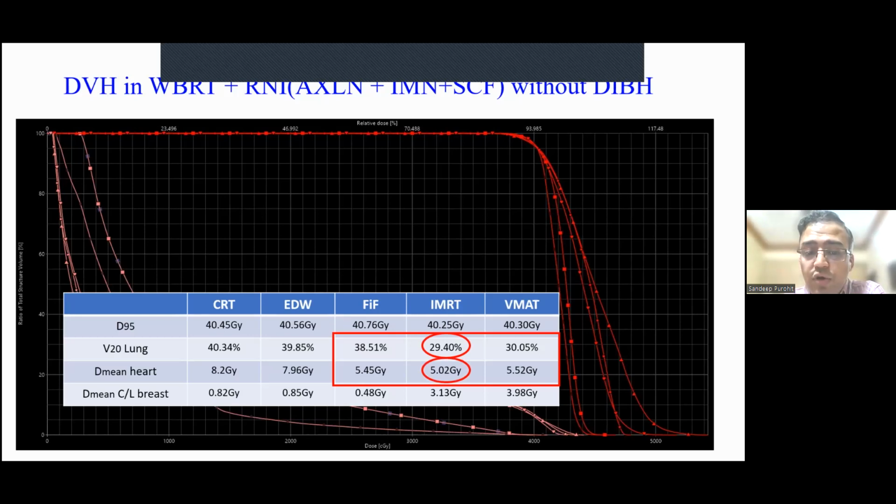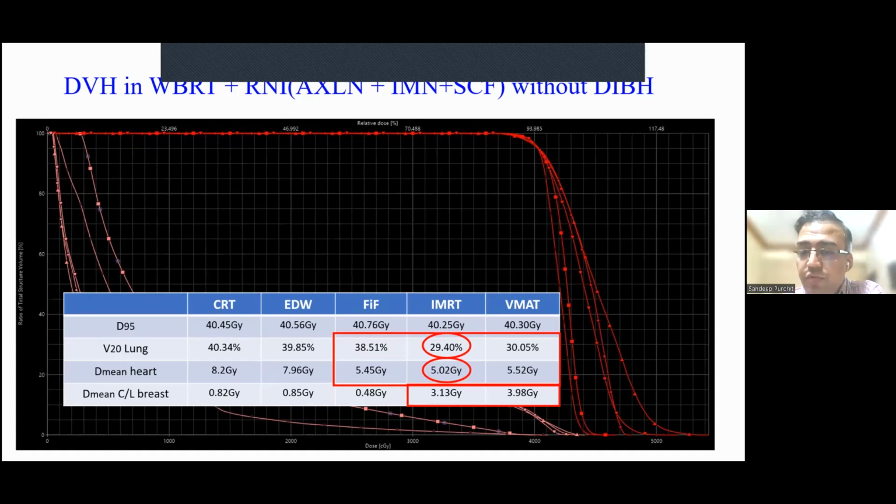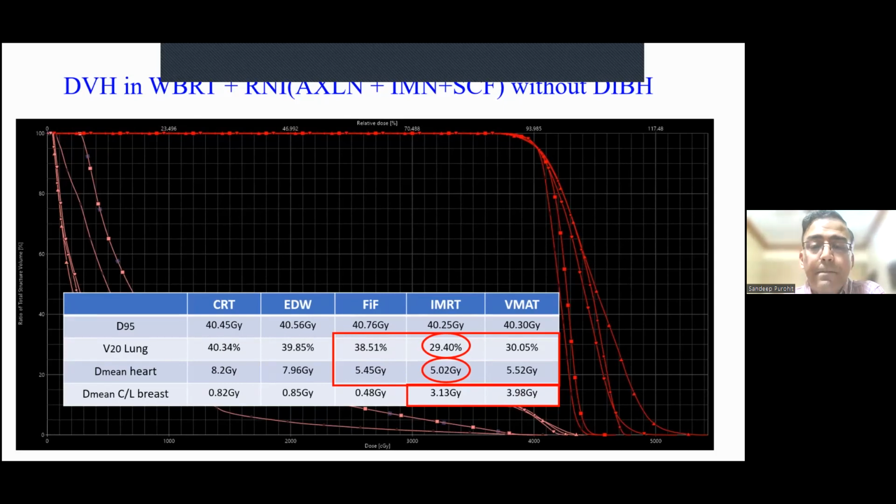But the dose to the contralateral breast was more with IMRT and VMAT technique, as we have seen in the studies which we had discussed previously. So with whole breast RT given regional nodal irradiation without DIBH, field in field, IMRT, and VMAT, all these 3 techniques are much better than conformal or tangential with wedges.